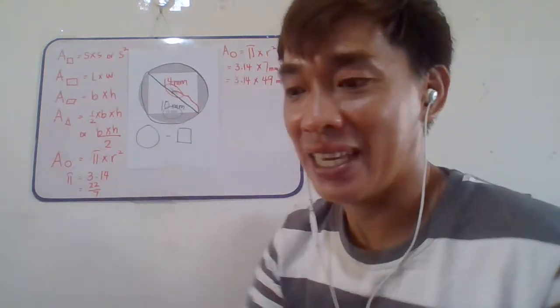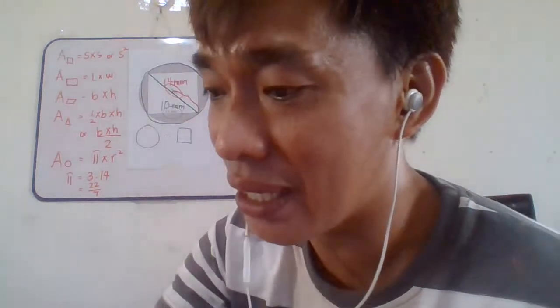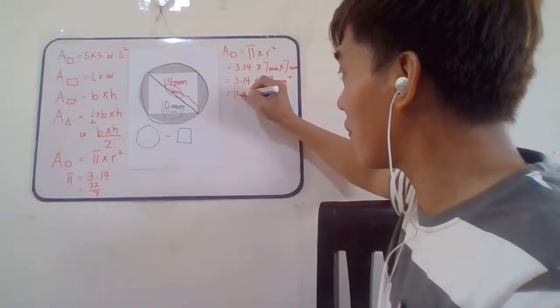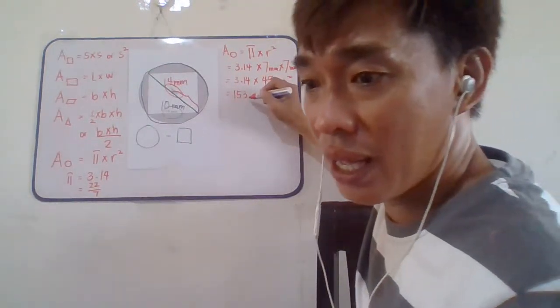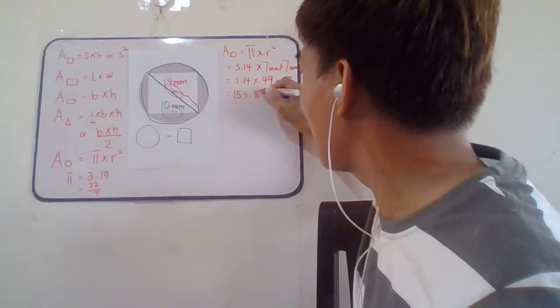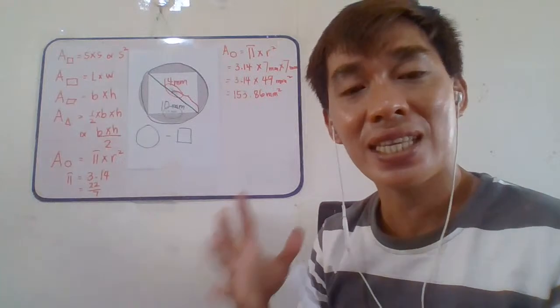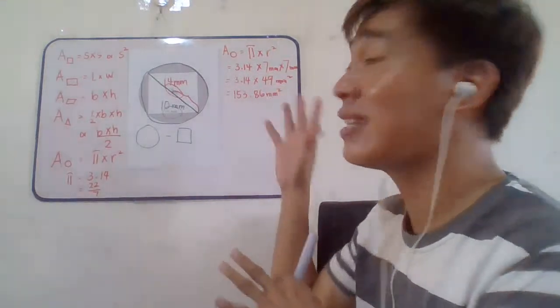Okay, that is 49 times 3.14. Yeah, that's correct. And the value of that is 153.86 millimeters squared.